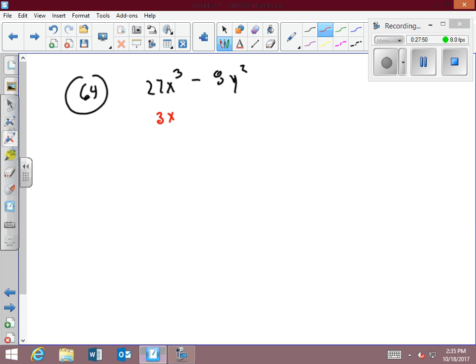No. The 8 is a cube. It's 2 cubed, right? But it's y squared. So this is non-factorable, because it's not the difference of cubes. So be pretty careful when you're doing it.